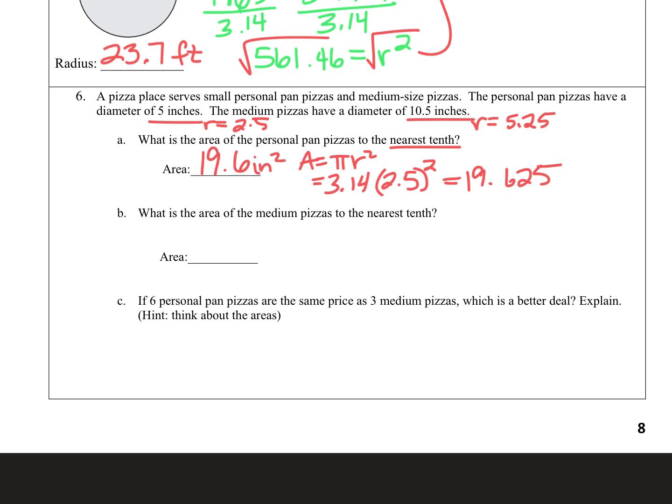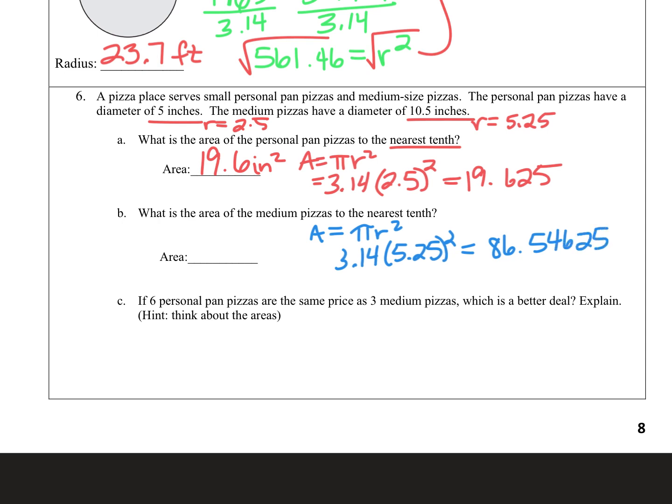The area of the medium pizzas, again, we do area equals pi r squared. So that's 3.14 times 5.25 squared. In your calculator, that gives us 86.54625.